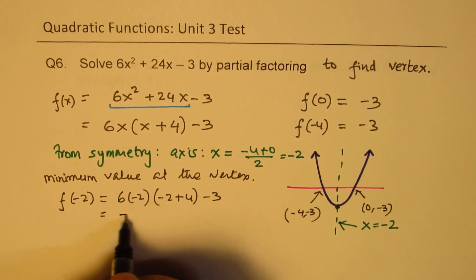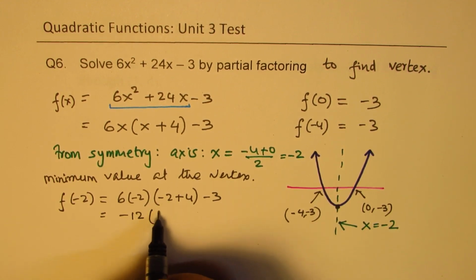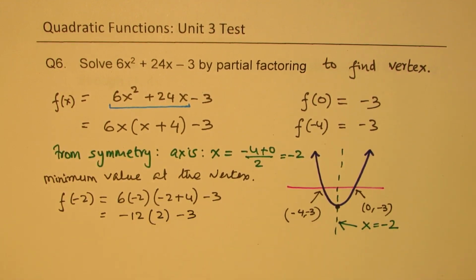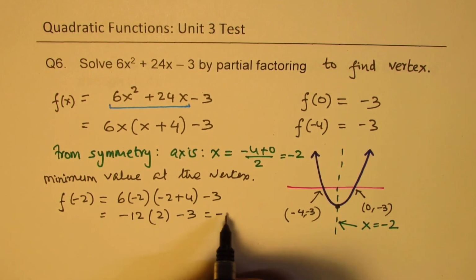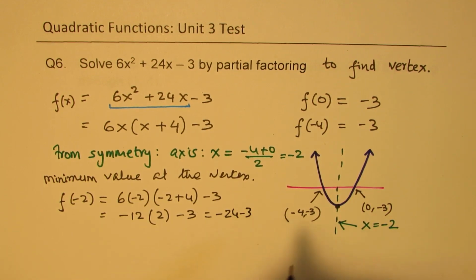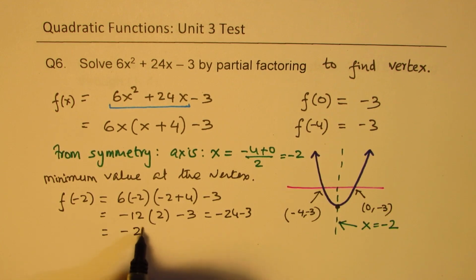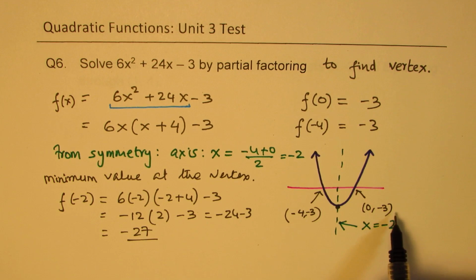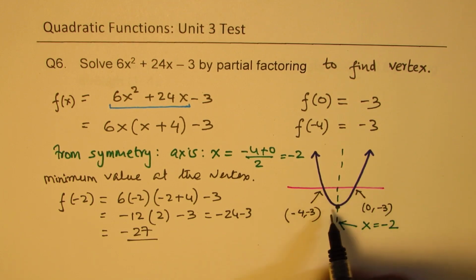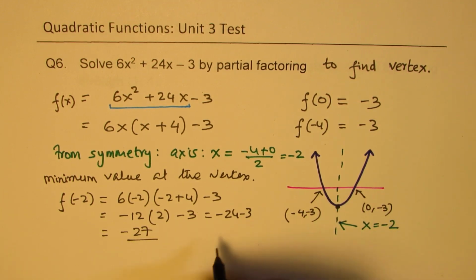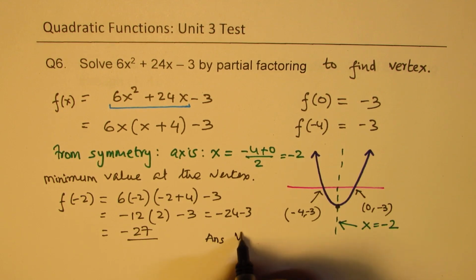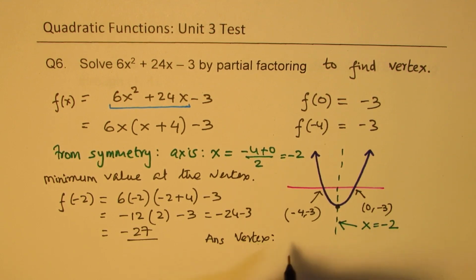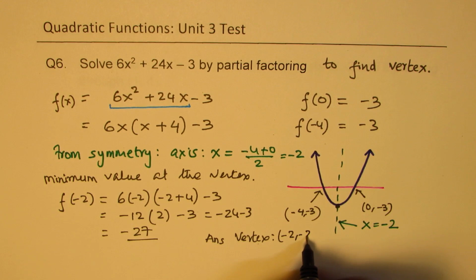So you can calculate this value, which is minus 12 times 2, minus 3, and this gives you minus 24 minus 3, which is equal to minus 27, correct? So we get our answer that the vertex is at (minus 2, minus 27).